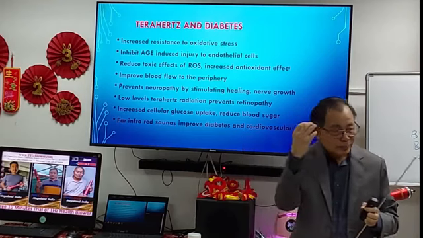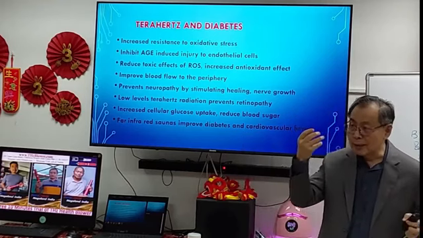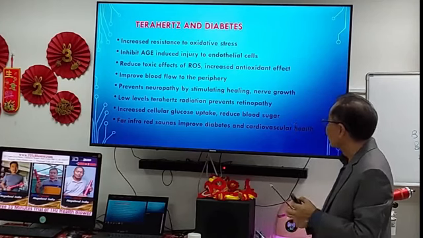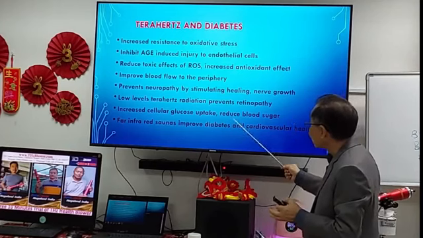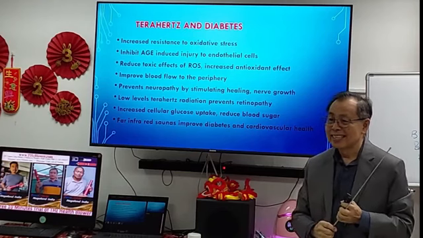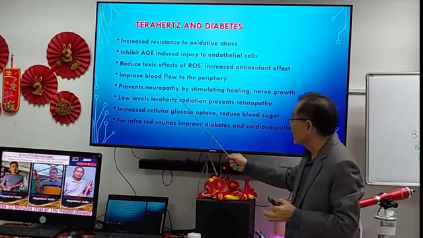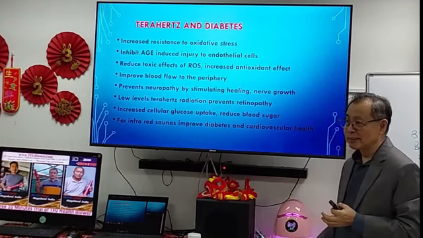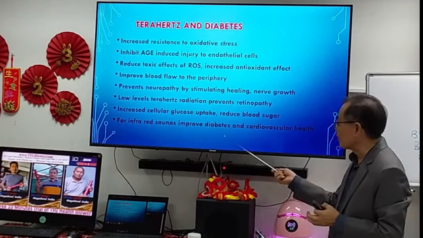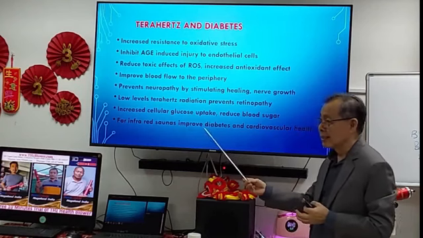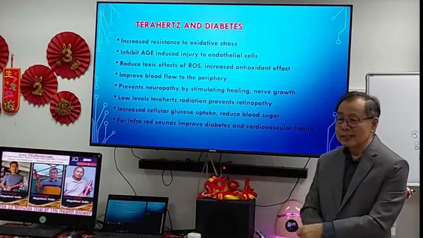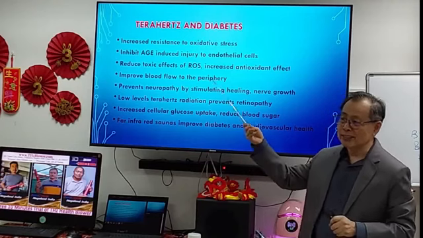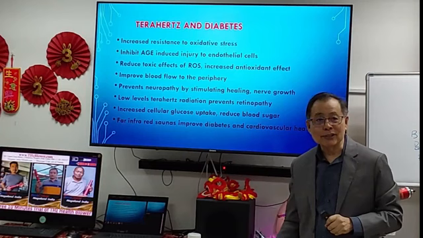So your eye damage, low level at the lowest setting, it can prevent that. It can reduce your blood sugar. How? By making your cells take up glucose. And we know for a long time, because far infrared saunas have been around for quite a while, it improved diabetes and cardiovascular health. So I've summarized all the effects of Terahertz on this slide, and that's what it can do for you.